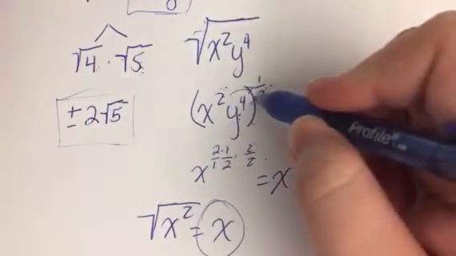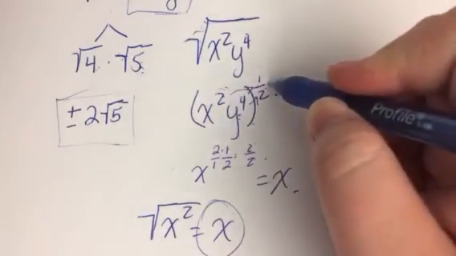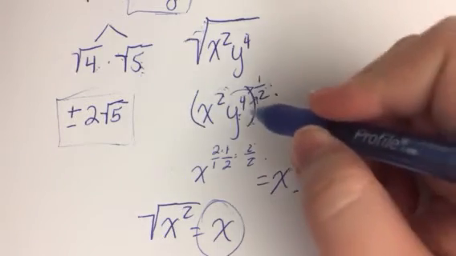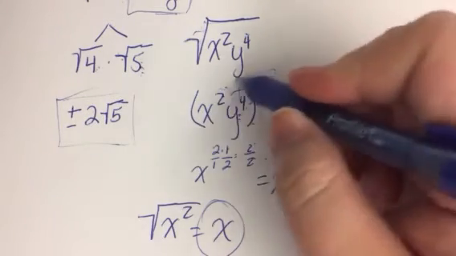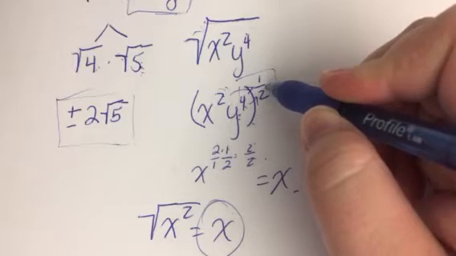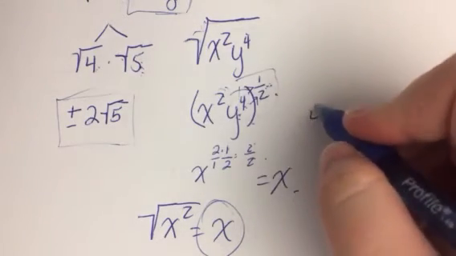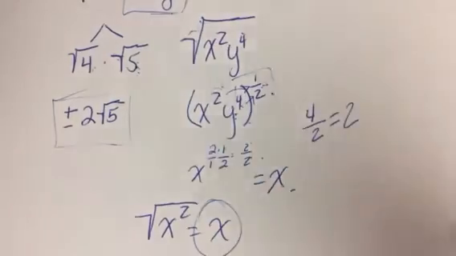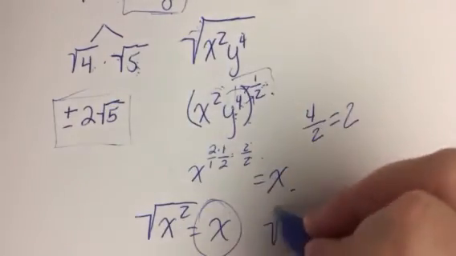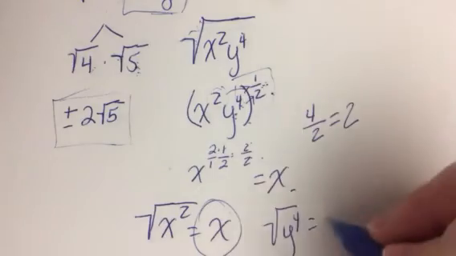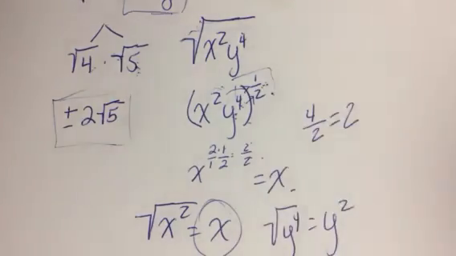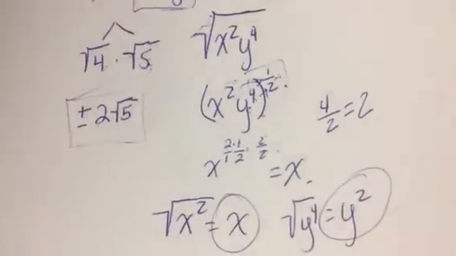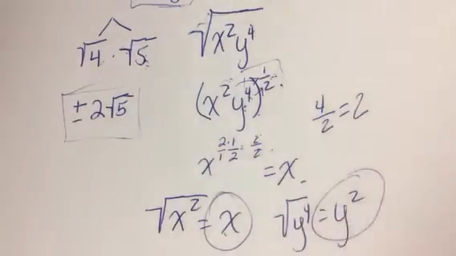Now let's deal with the y. I have y to the 4th to the 1/2 power. So again, I'm going to multiply those exponents. 4 times 1/2 is the same thing as 4 halves, which equals 2. So the square root of y to the 4th equals y squared. What I have to do now is take this x and this y squared and squeeze it in here.